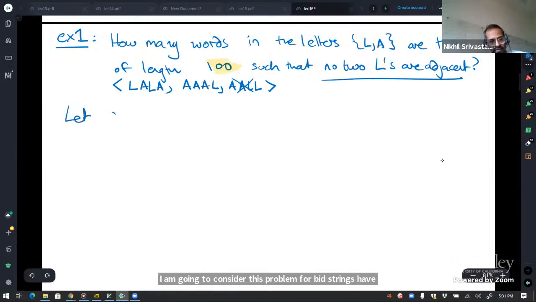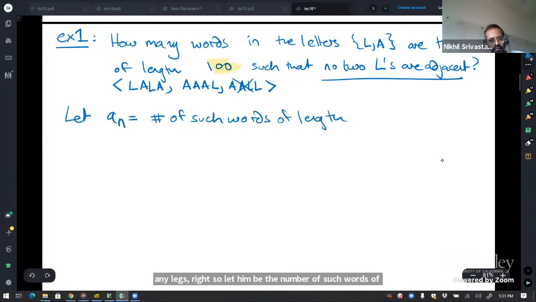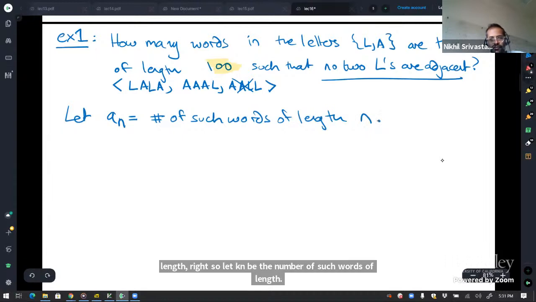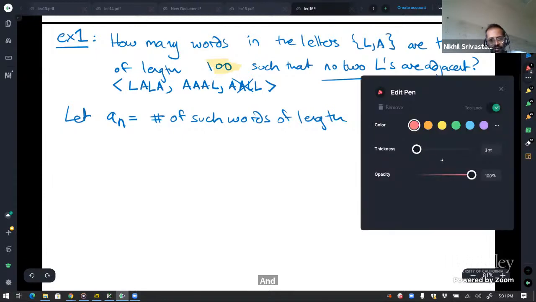So let a_n be the number of such words of length n. So I've introduced this new variable n, which is the length of the sequence.